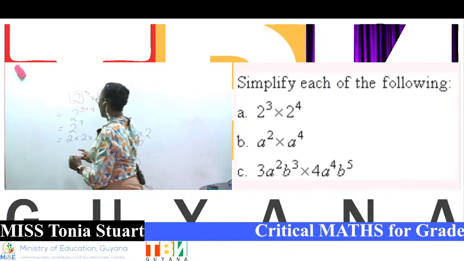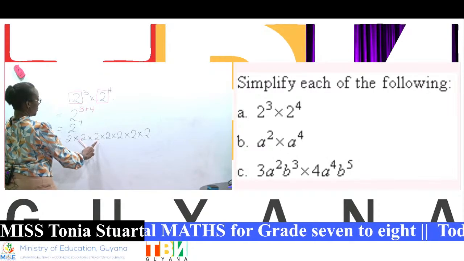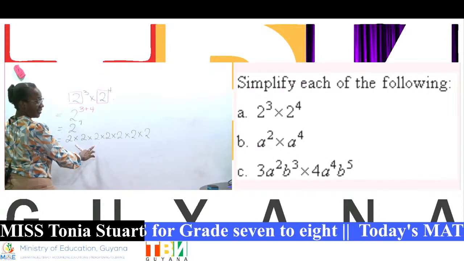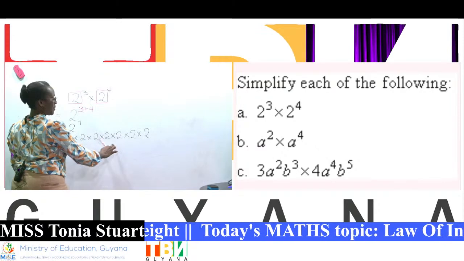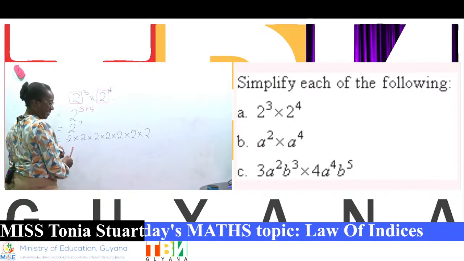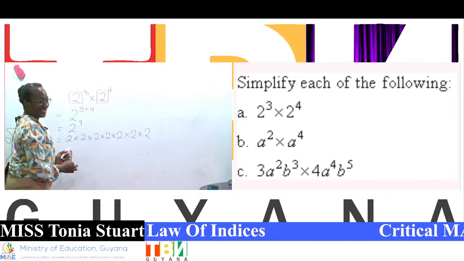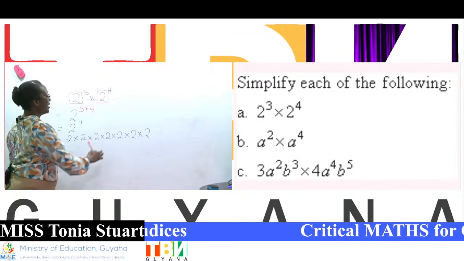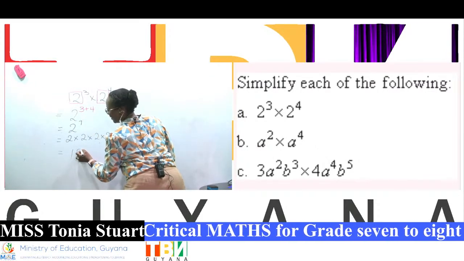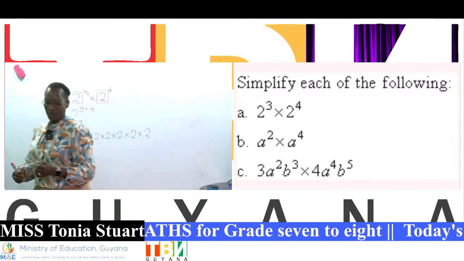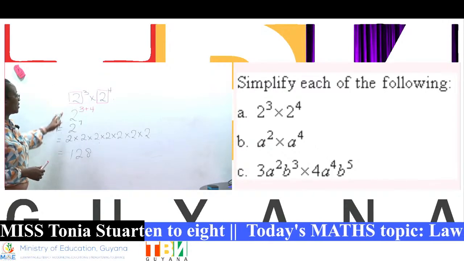So let's multiply. 2 twos, 4. 4 twos, 8. 8 twos, 16. 16 twos, 32. 32 twos, 64. 64 twos, 128. Very well.